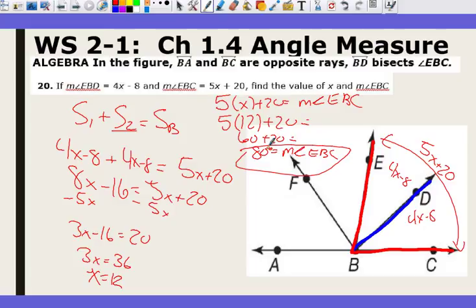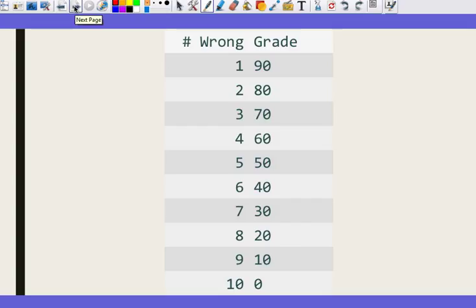Ow. All right. There's the grading policy. Turn them into this folder, turn them into this bucket right here.